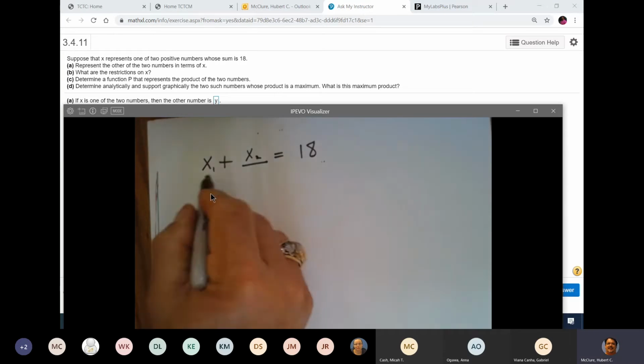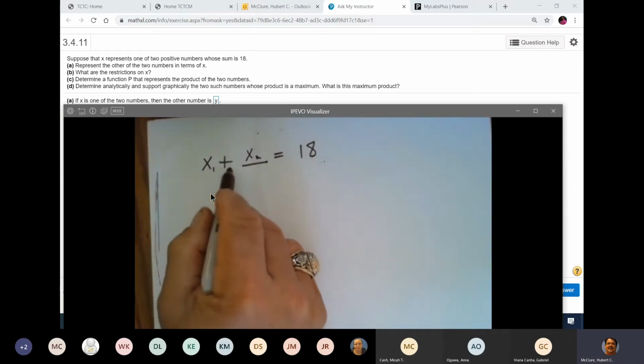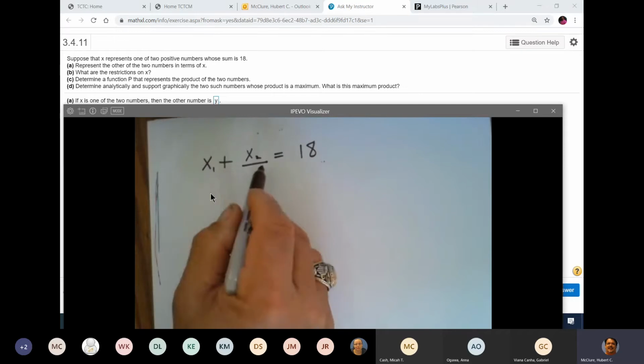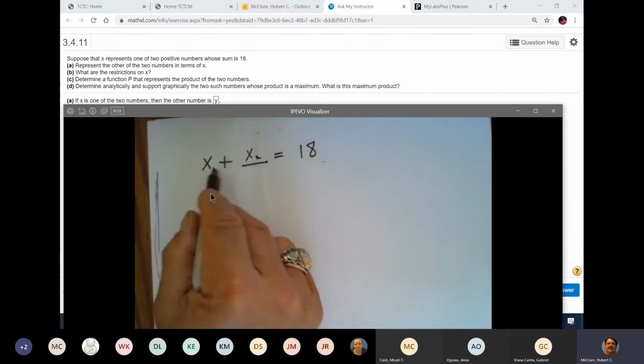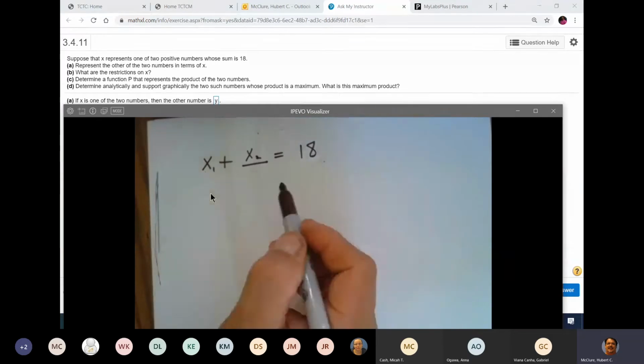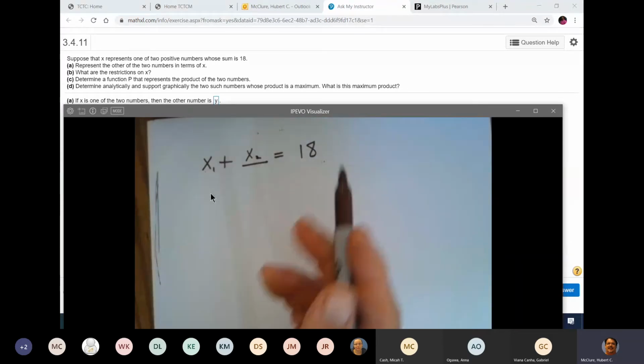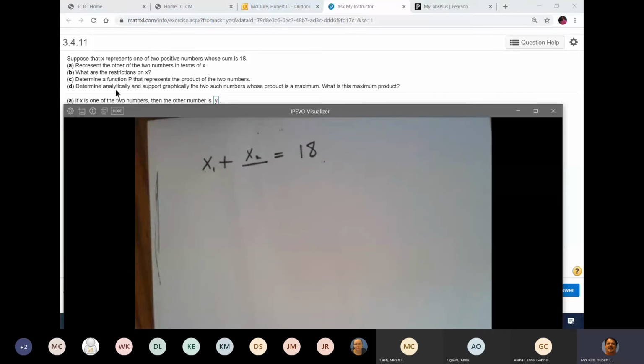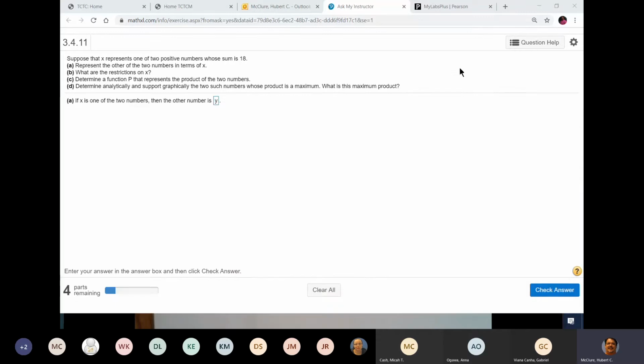You can have 9 plus 9, or 19 minus 1, or 20 minus 2. I don't understand what the question is. Determine a function p that represents the product of the two numbers. I have no idea what they're asking here.